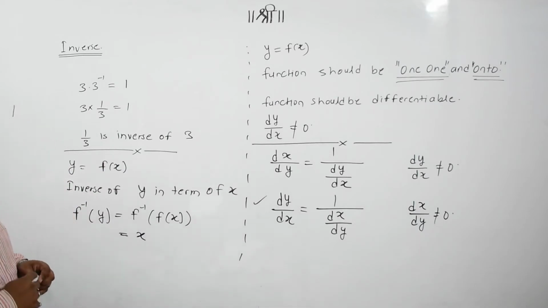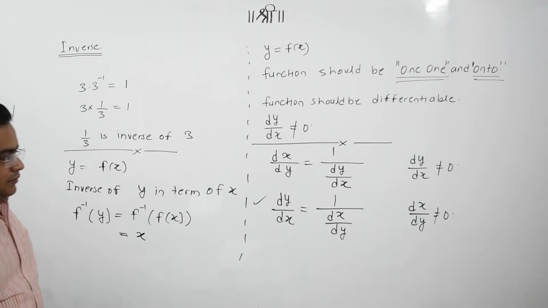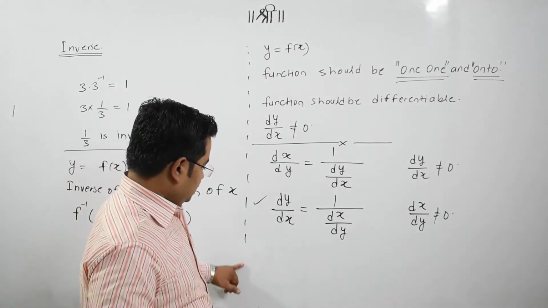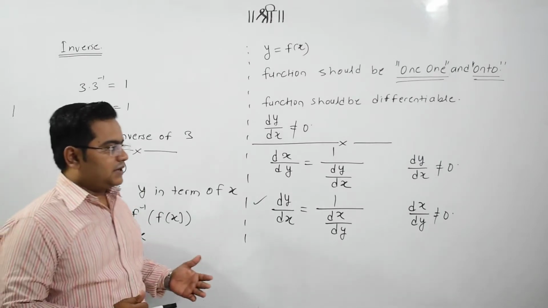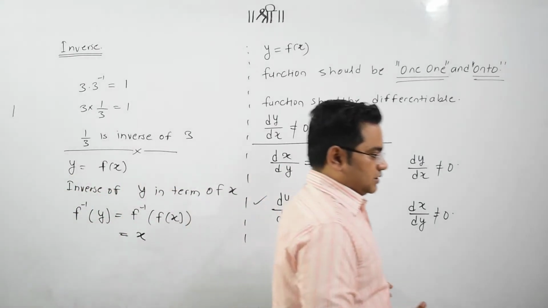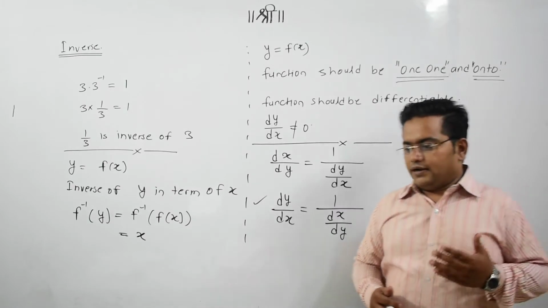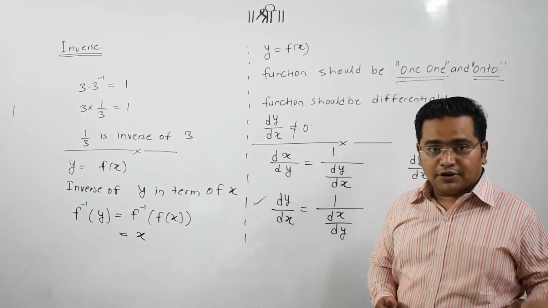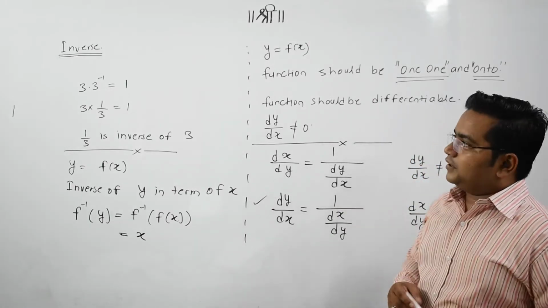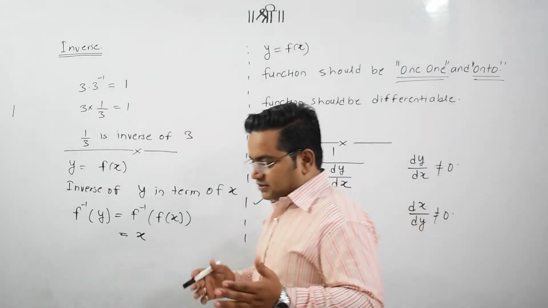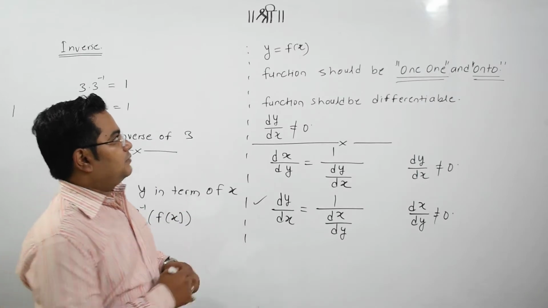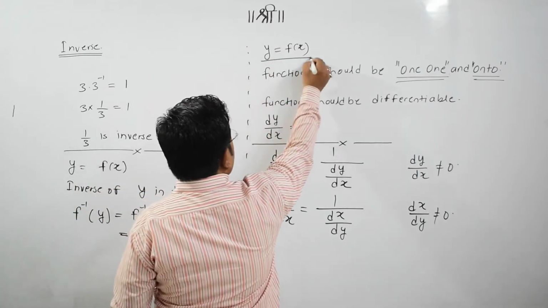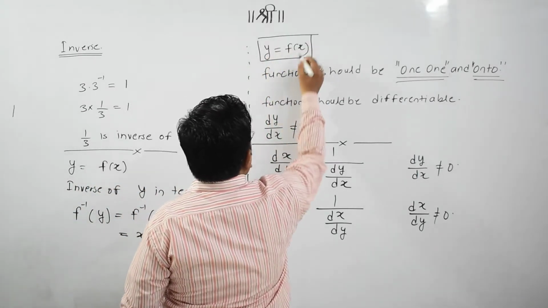Now this is the shortcut towards this topic. This topic is too wide. Why we are dealing with this inverse and how we are using this inverse, that's a different thing. First of all, we need to understand the fundamentals of this inverse. Whenever we have a particular function, what we are looking towards first is the function's variable. Within y is equal to f of x, what is the variable?